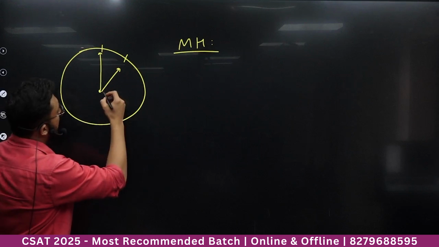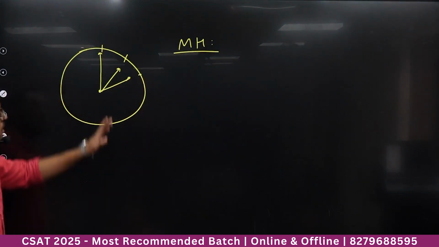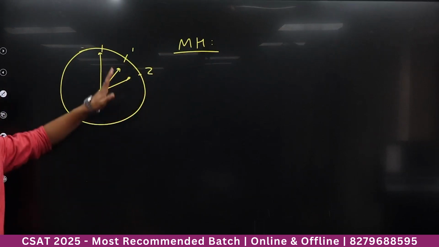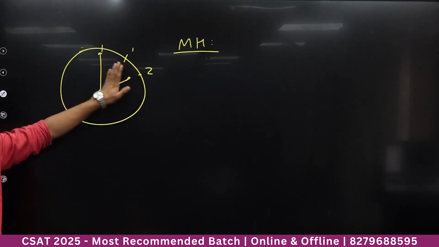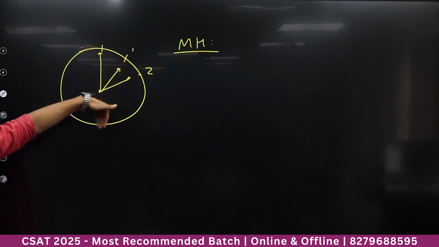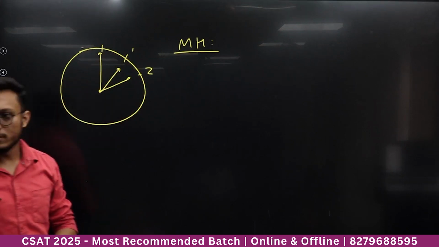Now when the time becomes 2 PM, from 1 to 2 PM, what happens to this minute hand? When time increases from 1 PM to 2 PM, what happens to this minute hand? It starts rotating from 12 and comes back at 12. This is happening. How much has it rotated in 1 hour?